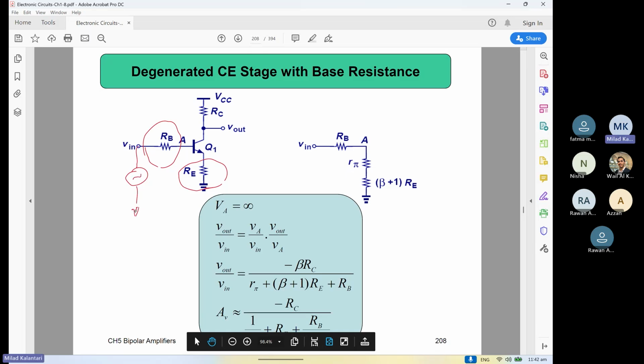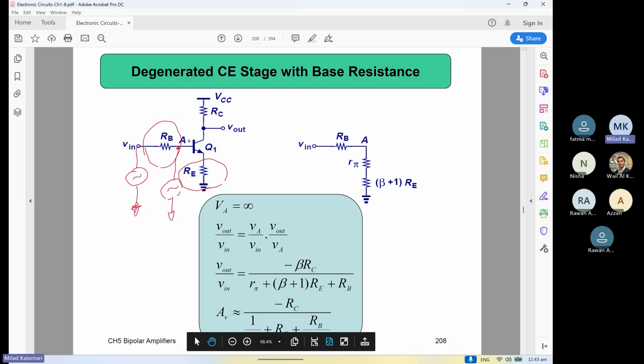Now the V in is here. Before, V in was here, right? Do you have any idea how to calculate this gain?